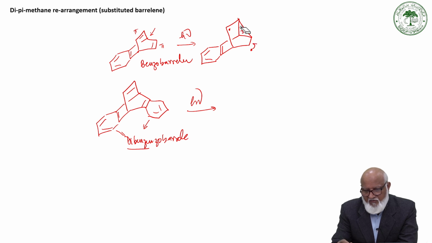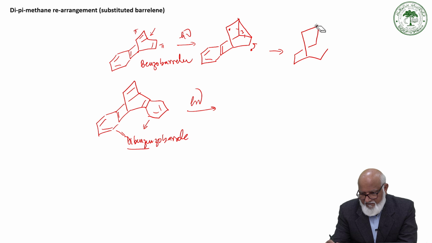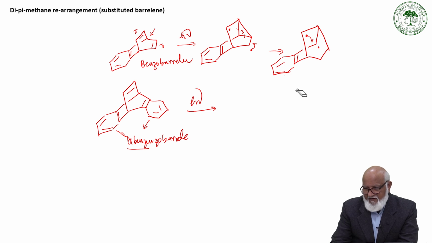This will open up, or even this will open up, so we can cleave this, or we can cleave this. So we end up with a diradical, and then this will combine to give a product like this.